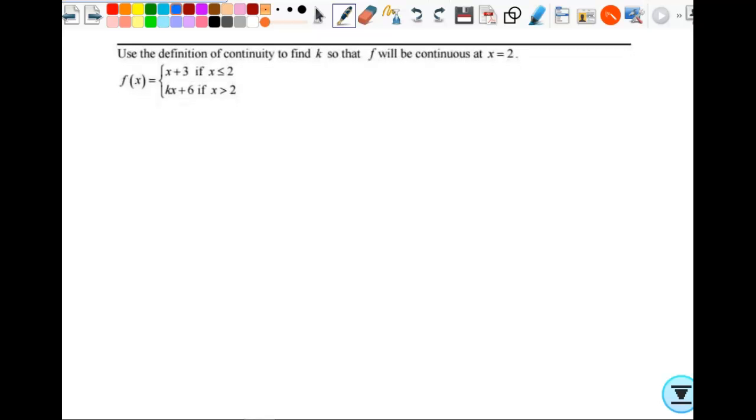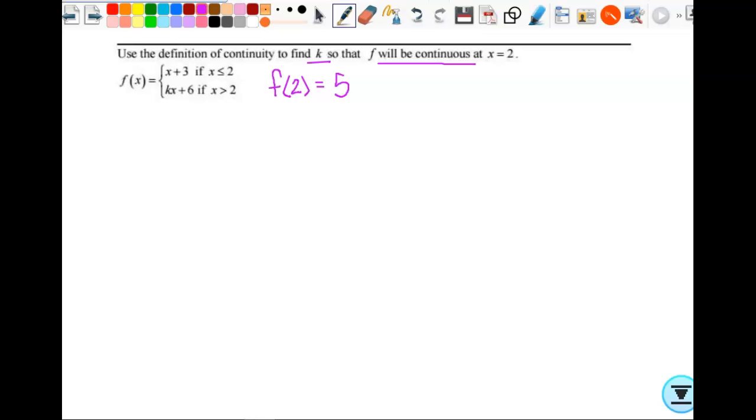All right, so this says use the definition of continuity to find K so that F will be continuous. Okay, so we want this to be continuous. So I can find F of 2. F of 2 would be what? 5.